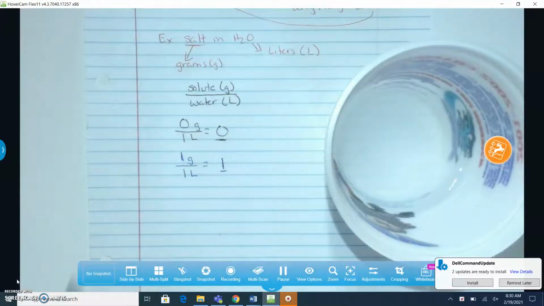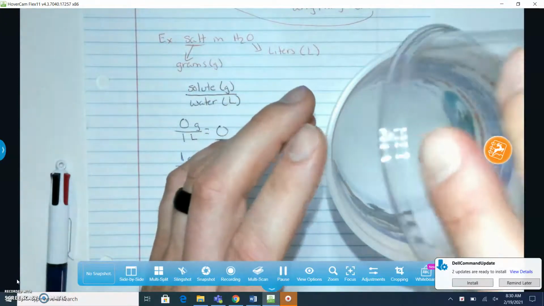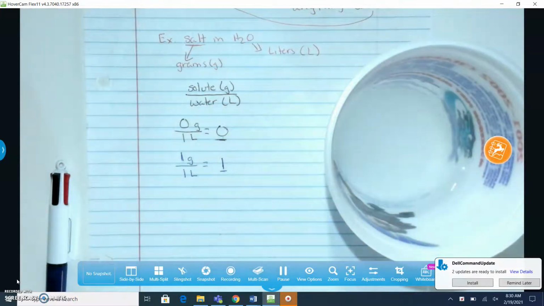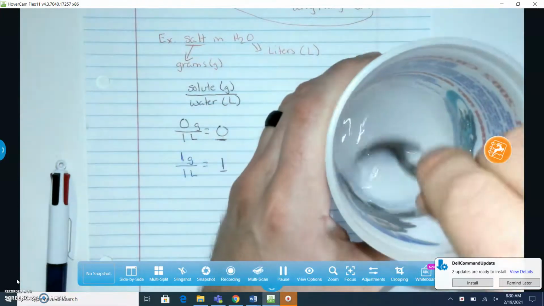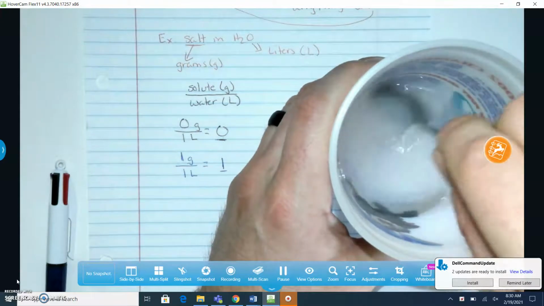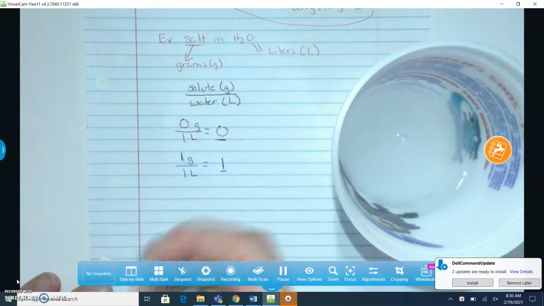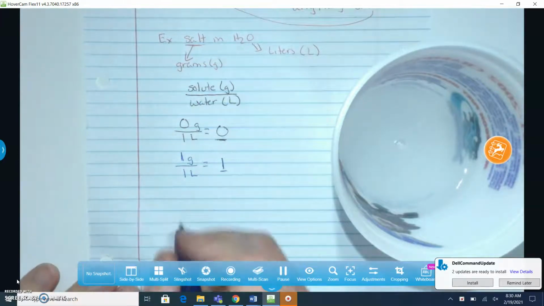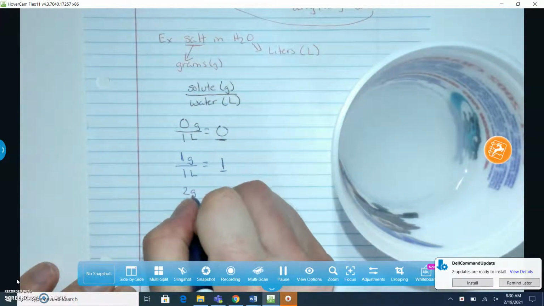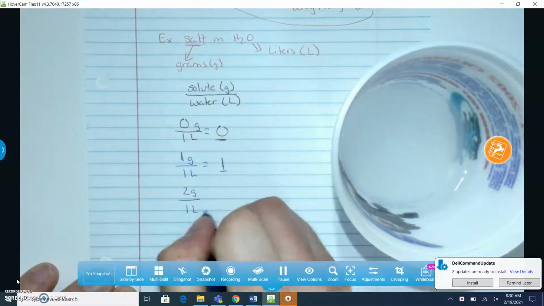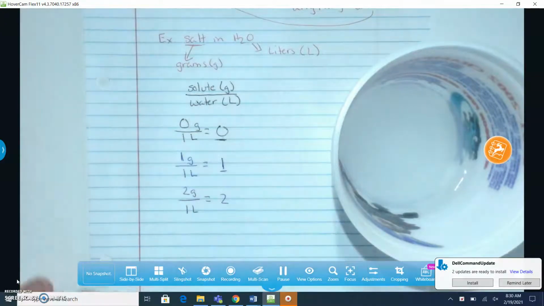Let's make that number go up again. Let's add another gram of salt. Again, give it a little stir, make sure we dissolve it. And let's find our new value. Pretty simple. 2 grams, still 1 liter, concentration is 2.